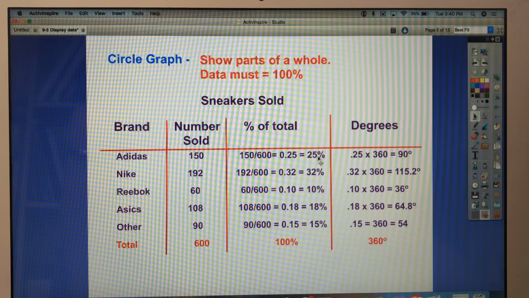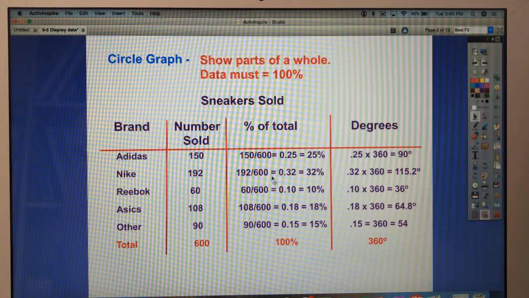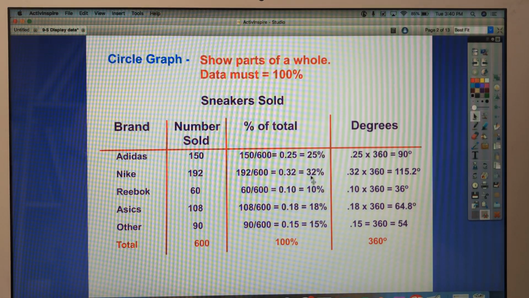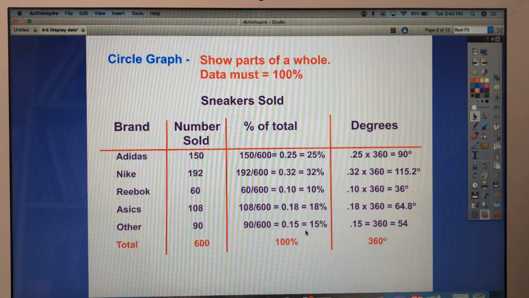Converted to a percentage, 25%. 192 out of 600, 0.32, 32%. 60 out of 600, 10%. 108 out of 600, 18%. 90 out of 600, 15%.